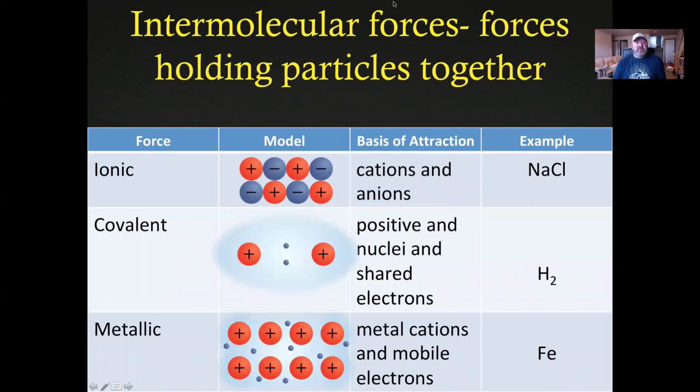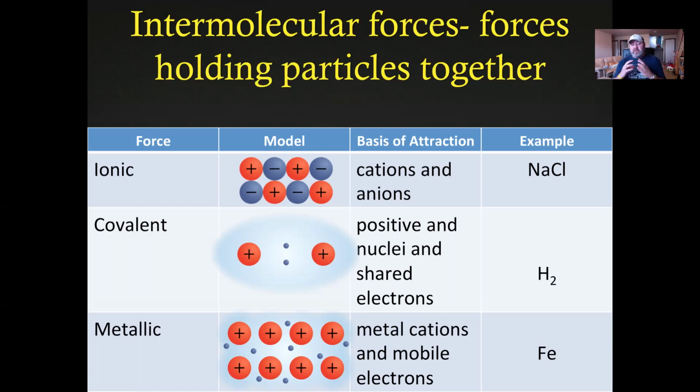Okay, so the first one is what we call intermolecular forces, and those are the particles that sort of hold things together. Now, if we're thinking about ionic bonding, we have positive and negative charges. We know that opposites attract one another, and that's what creates that attraction or the force that holds them together. If we're thinking about covalent bonding or molecules, then they are attracted to each other because they want to share a pair of electrons.